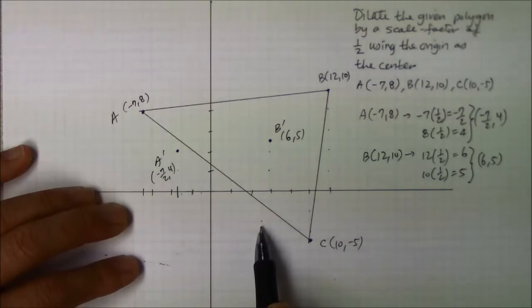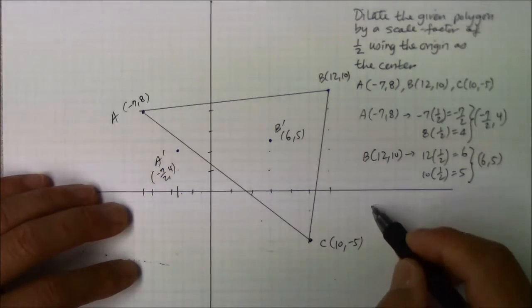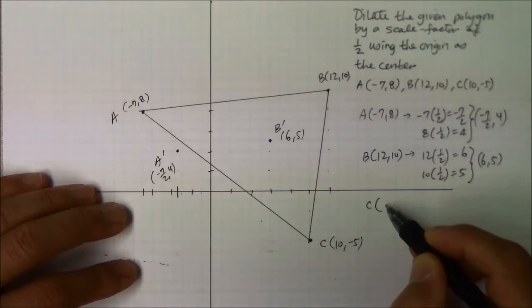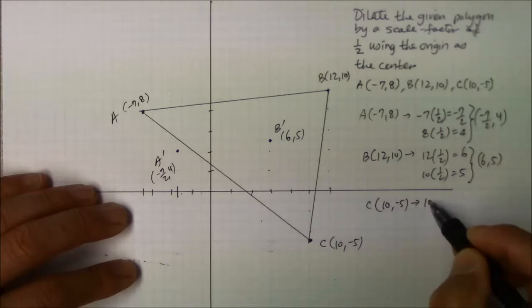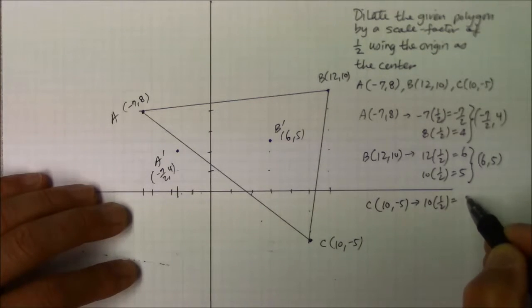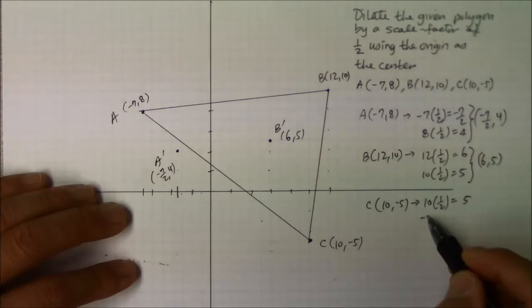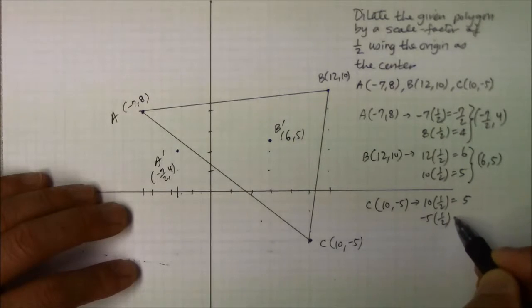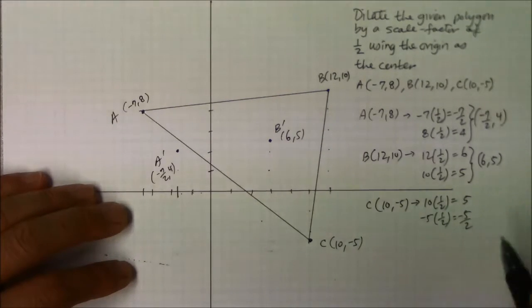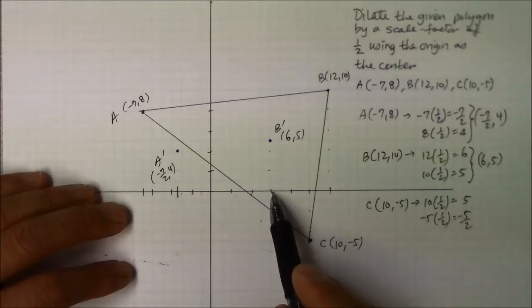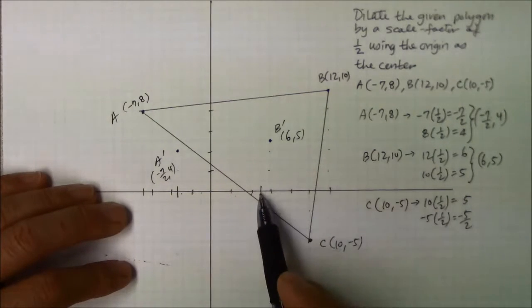And the C will be half from the origin, so maybe around here, I think. I don't know. So analytically, meaning we check it. Let's do the C at the coordinate 10 and -5. Half of 10 is 5. Half of -5 is -5/2, or -2.5. So let's plot this one. So 2, 4, 6. The 5 is over here, right there.